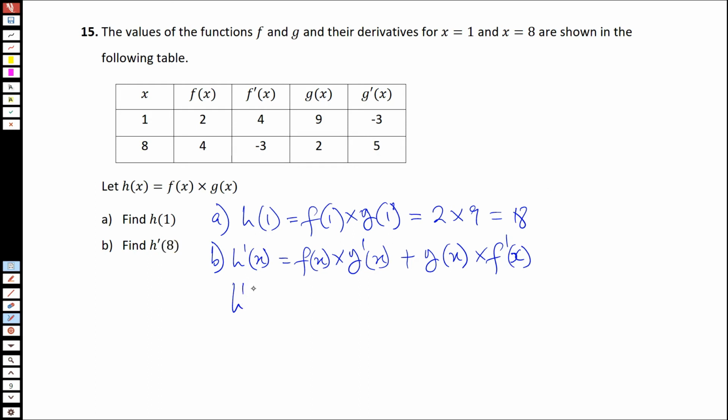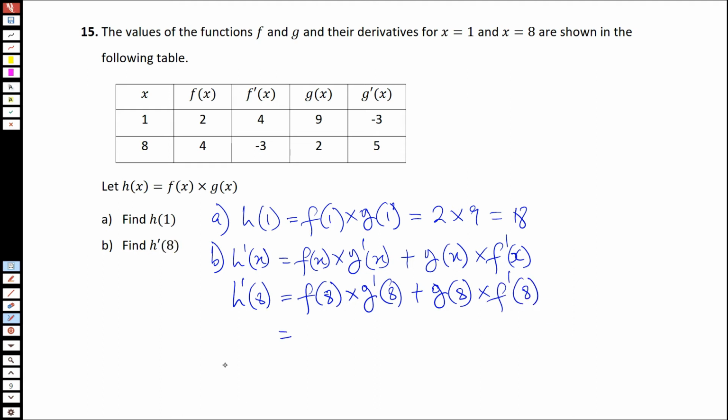So the gradient of h at 8 will be f of 8 multiplied by the gradient of g at 8 plus g of 8 multiplied by the gradient of f at 8.